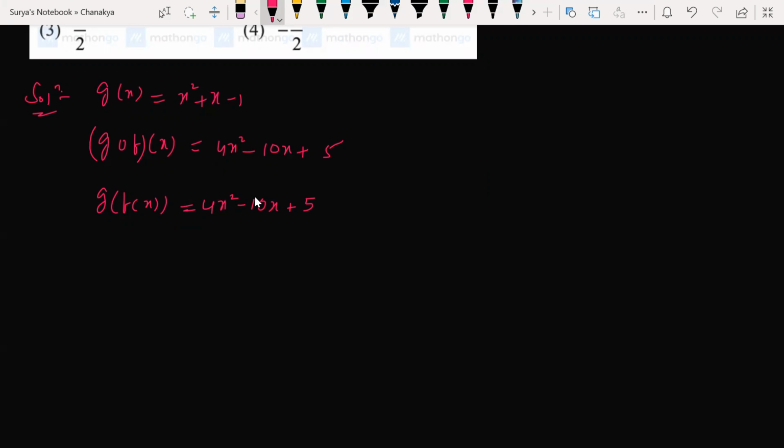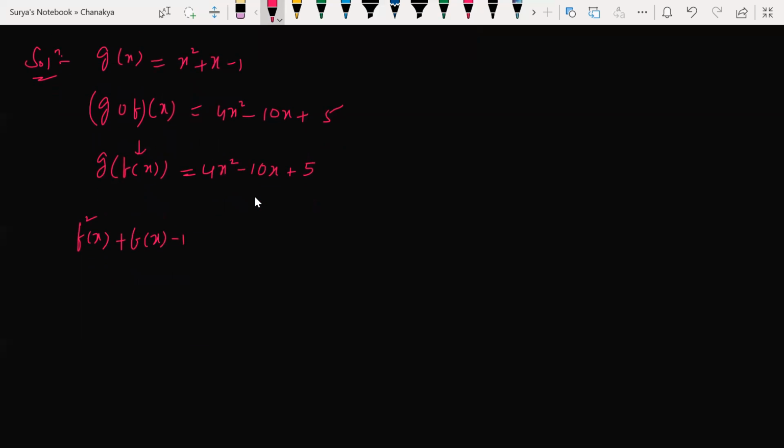In g, wherever you have x, you have to substitute f of x, right? So g of x is x square plus x minus 1, so what you do is f square of x plus f of x minus 1, correct?